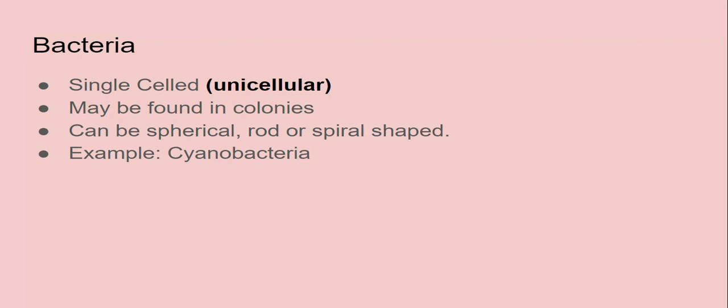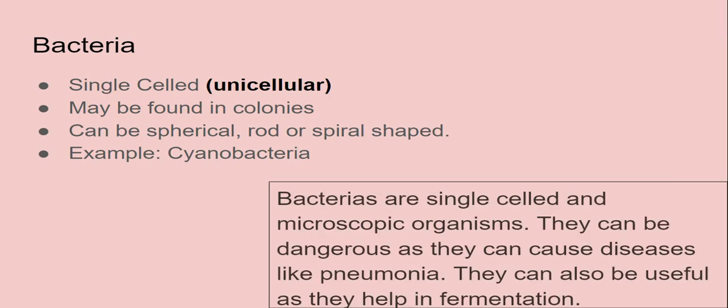From all these points, how do we construct an answer? Bacteria are single-celled and microscopic organisms. They can be dangerous as they can cause diseases like pneumonia. They can also be useful as they help in fermentation. Here I've included their usefulness and harmfulness also, but you can frame your answer as: bacteria are single-celled and microscopic organisms.